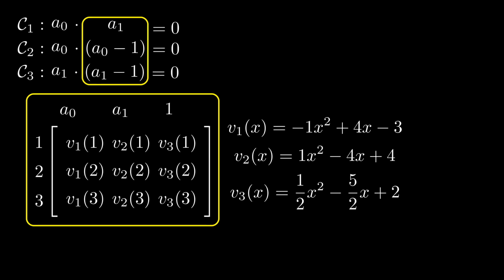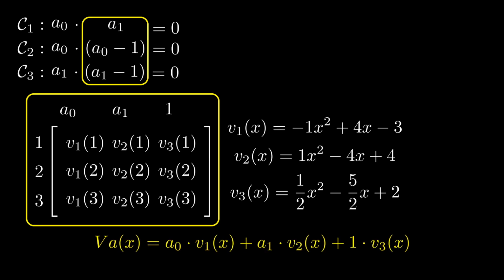So if we think about putting these things together, you'll see that each of these selectors are selecting one of our variables, right? One of our inputs, or in cryptography, these are called witnesses. So A0, A1, and a constant. So if we multiply and add these together using the polynomials we have, we get one big polynomial, VA of x, that now represents our entire right side, right?